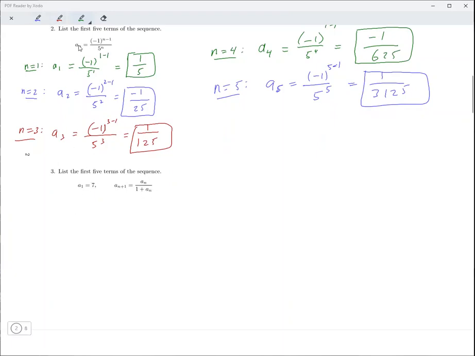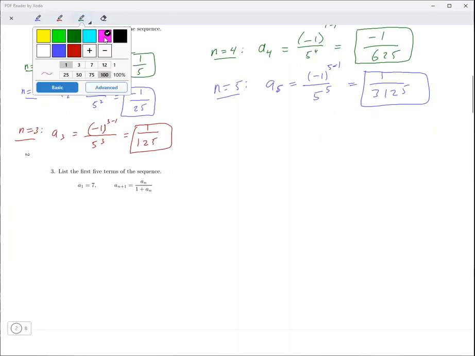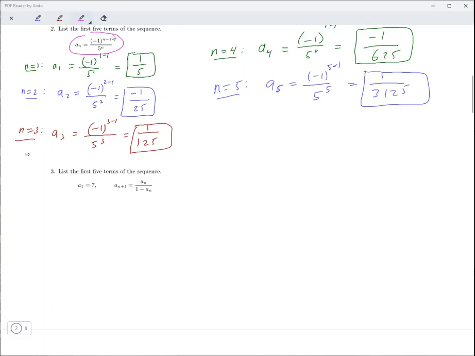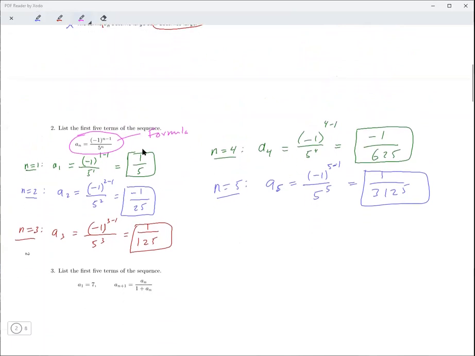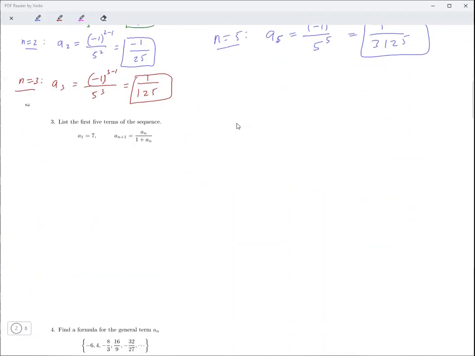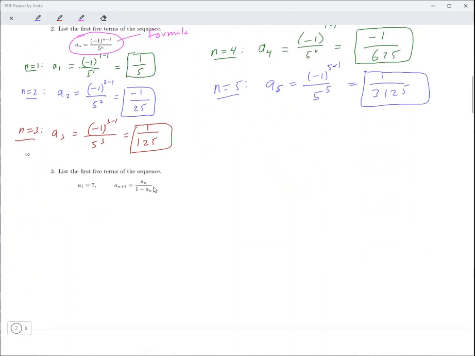Up here is a formula that gives everything, an explicit formula. And then down here, this is defined recursively.